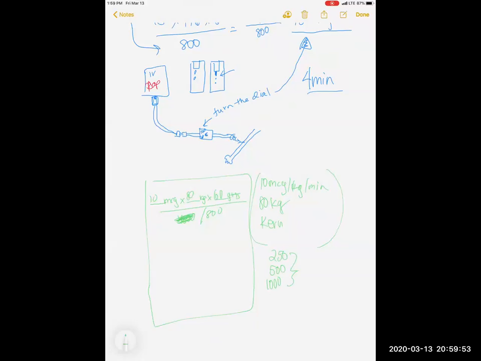So for ACLS versus Kern County, you need to know how much dope, right? How much dopamine do you add to each bag?